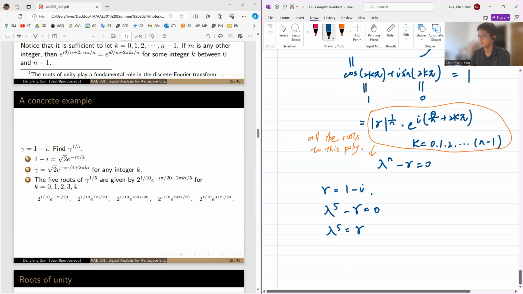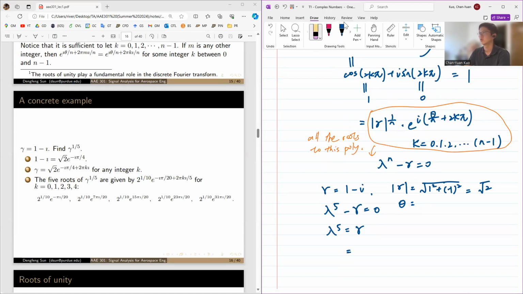And now we can rewrite gamma in polar form. Again, the magnitude of gamma will be the square root of 1 squared plus negative 1 squared, which is the square root of 2, and the angle will be arctangent of negative 1 over 1, so that's negative pi over 4.